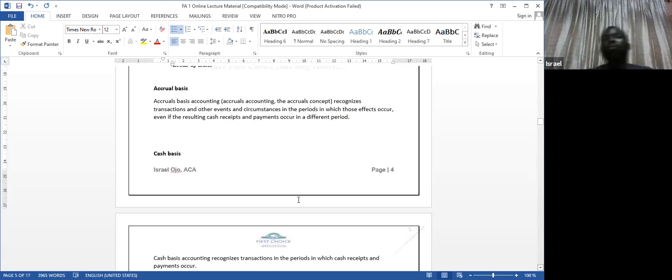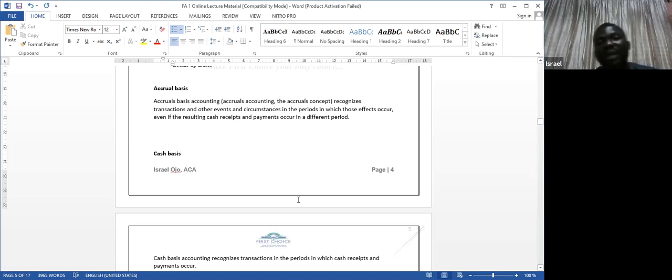Now, what do you understand by accrual basis? Accrual basis simply means the recording or recognizing of financial transactions in the financial statement. You recognize the revenue when it is earned, and you recognize expenditure when it is incurred.